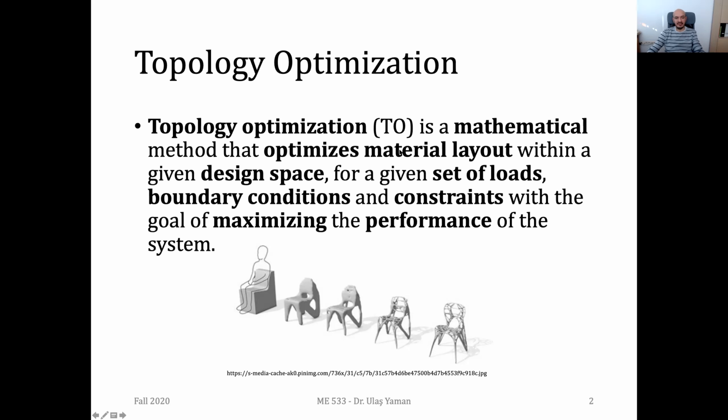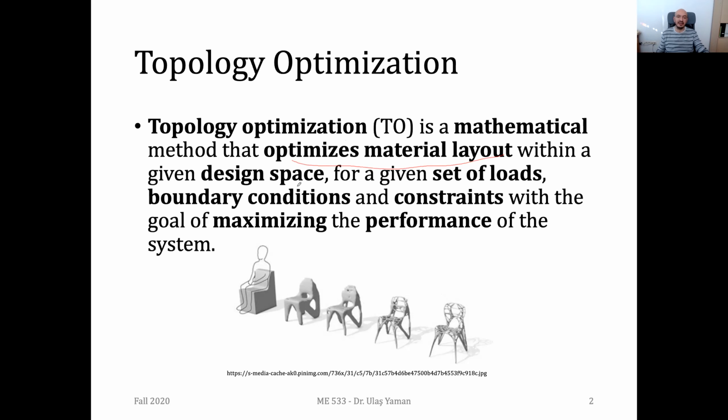In topology optimization, we are optimizing the material layout. This is the most important part. We are trying to use less material, and we are distributing this material in the design field so that its function will be as good as the initial design, while using less material.